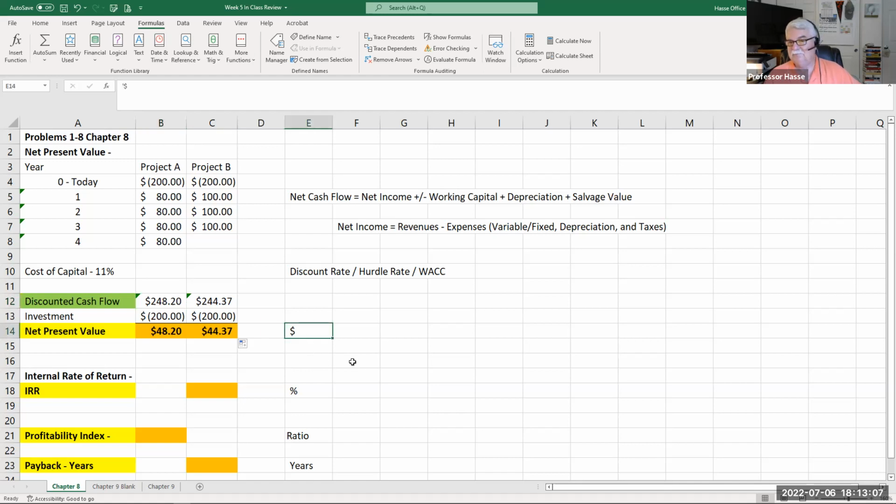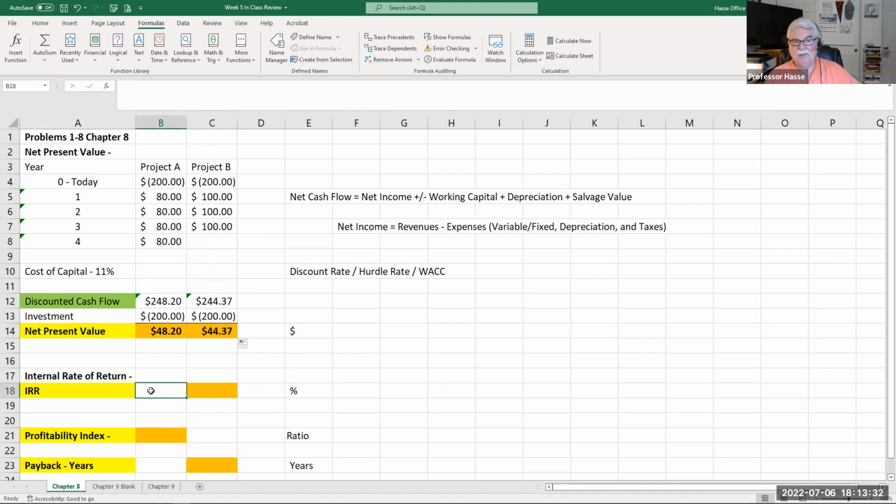In dollars, what's our return on the investment, taking into account the cost of money? The next level of return analysis is in percent. What is this as a percentage of the investment? It's called the internal rate of return.